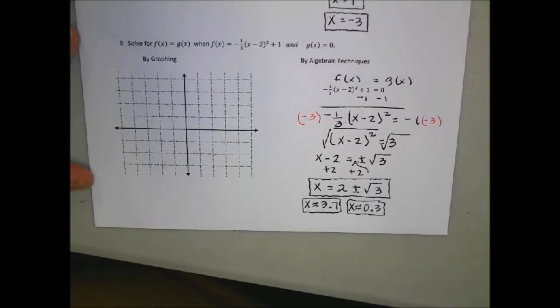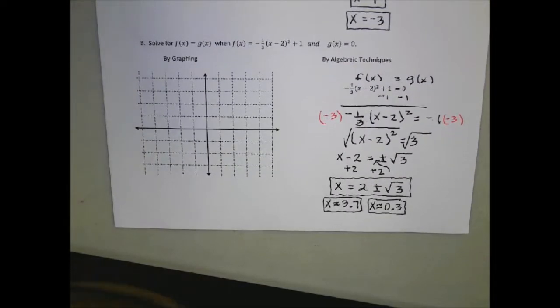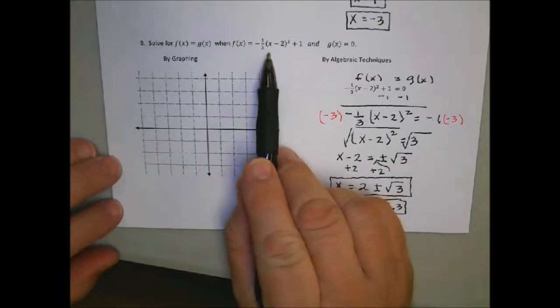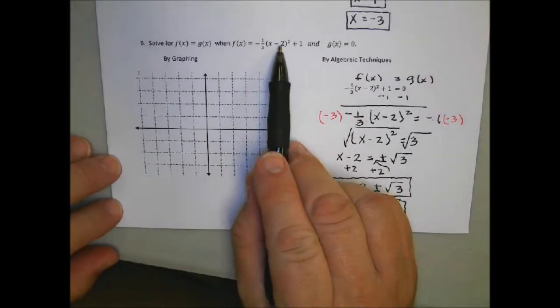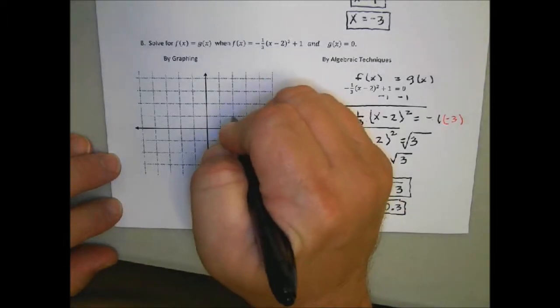Now, how does that come into play when we actually try to graph? Let's go back to the graphing method. We know this is a parabola. In fact, this one's a down parabola with a vertex at positive 2, positive 1.